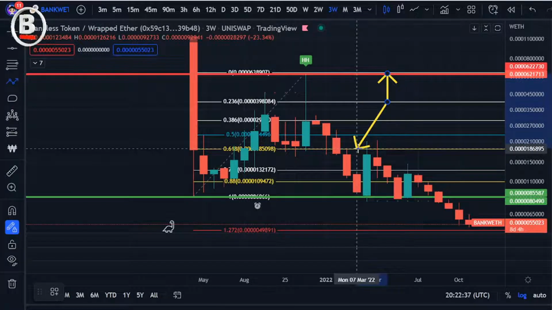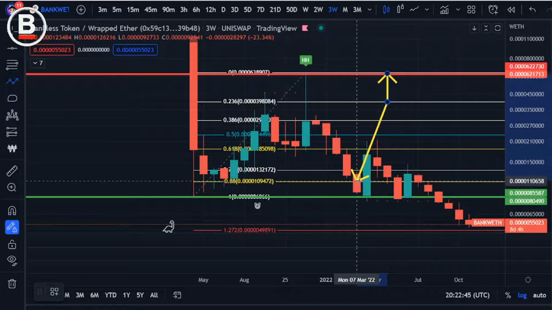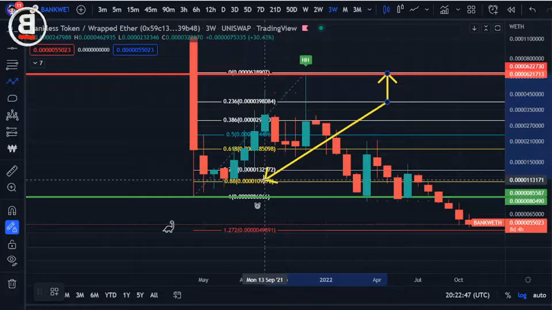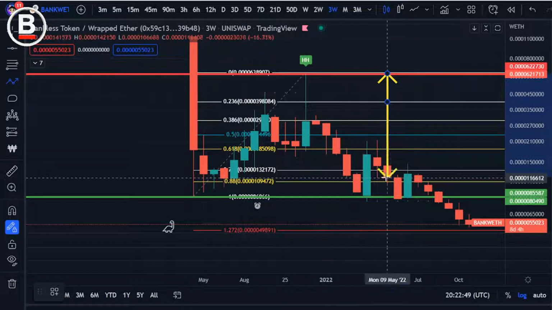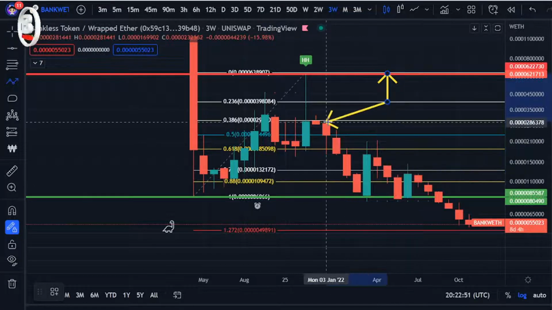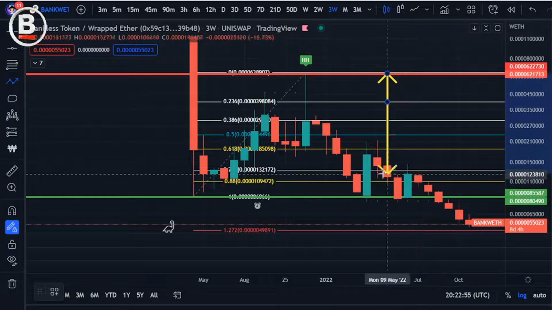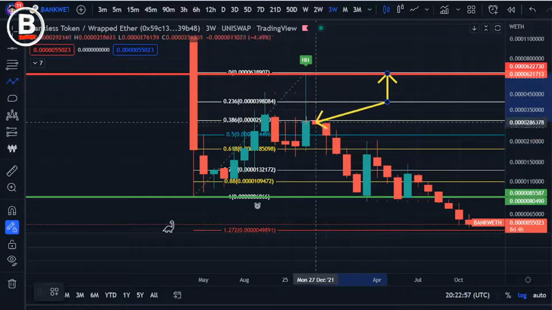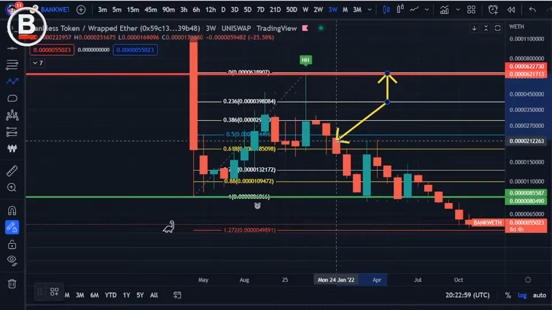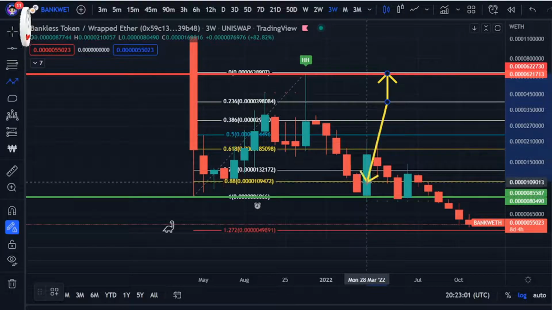Algorithms, bots use it to create very simple trading strategies. And I've noticed with the bank token in particular and altcoins that the 0.88 is also a very good price area to find value.